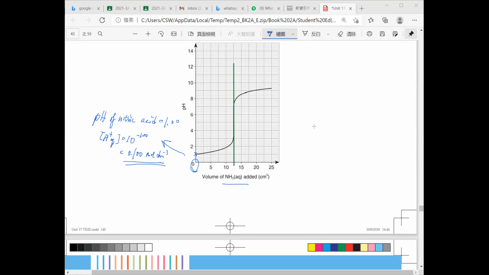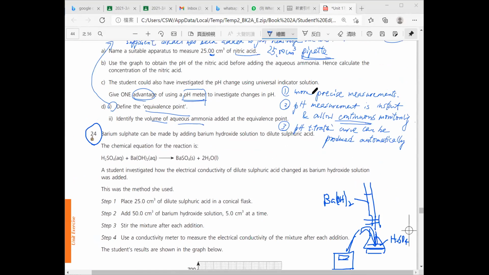It's 12.5 cm cube. It's 12.5 cm cube. Is that clear? Questions?